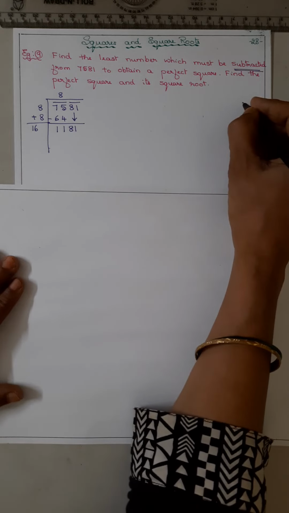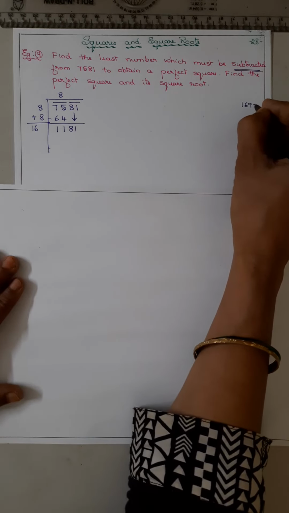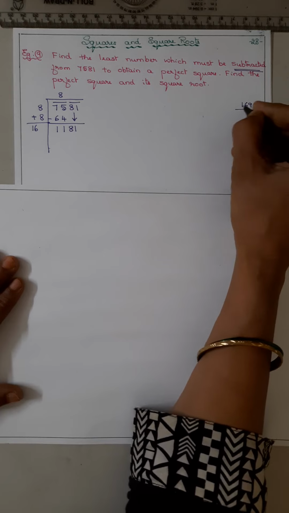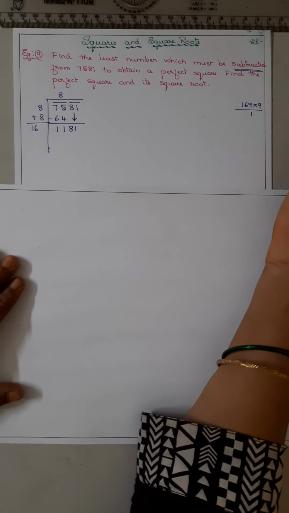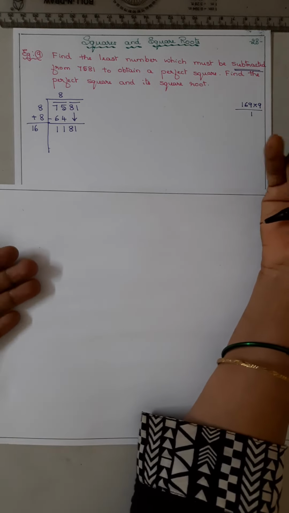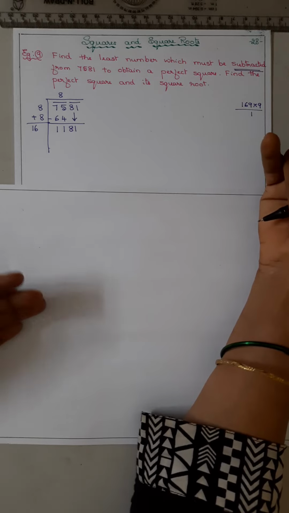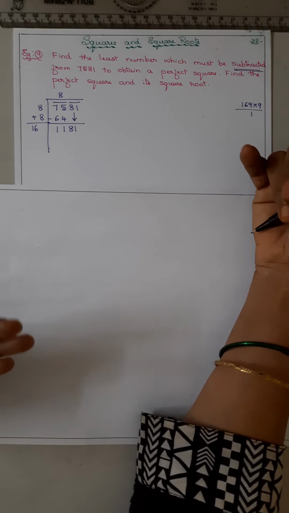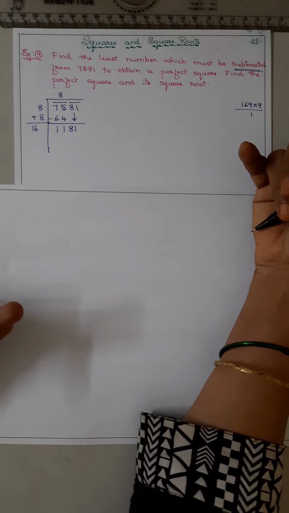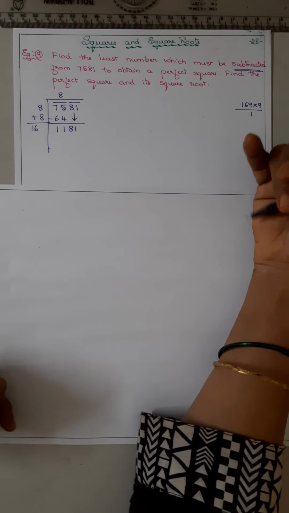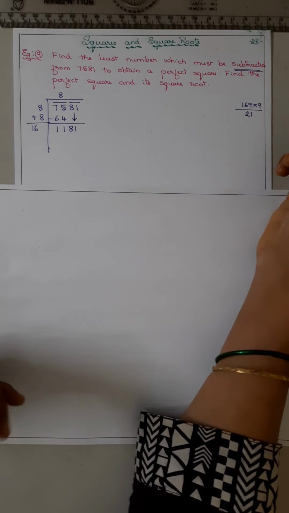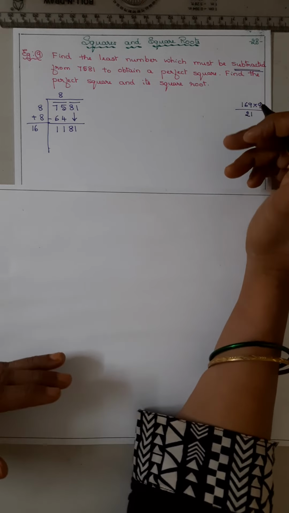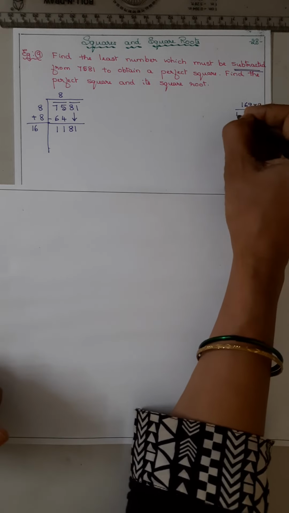So try 169 into 9. 9 9s are 81, 8 in hand. 9 6s are 54, 55, 56, 57, 58, 59, 60, 61, 62. 6 in hand, 9 ones are 9, 10 and 15.